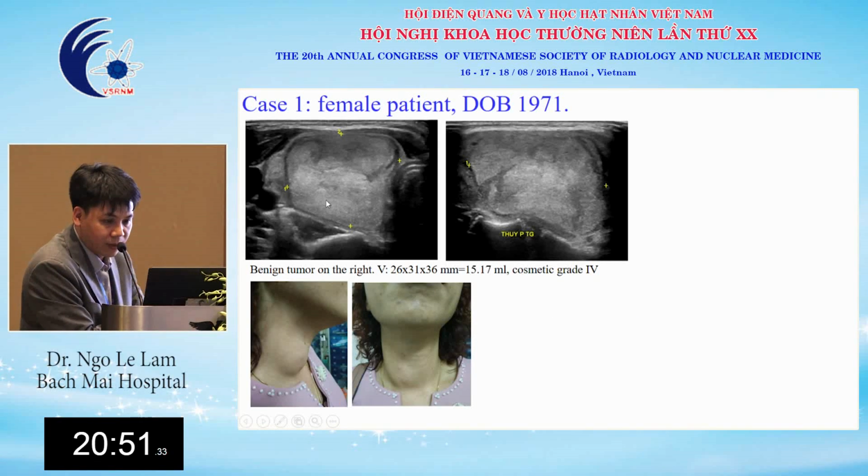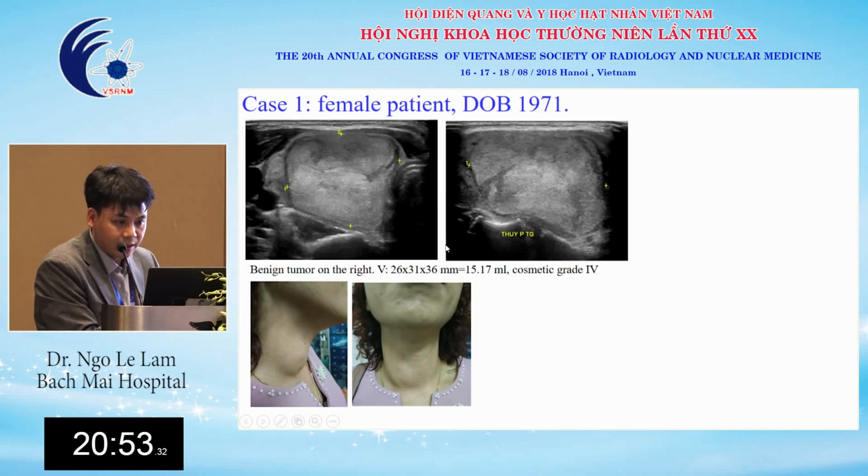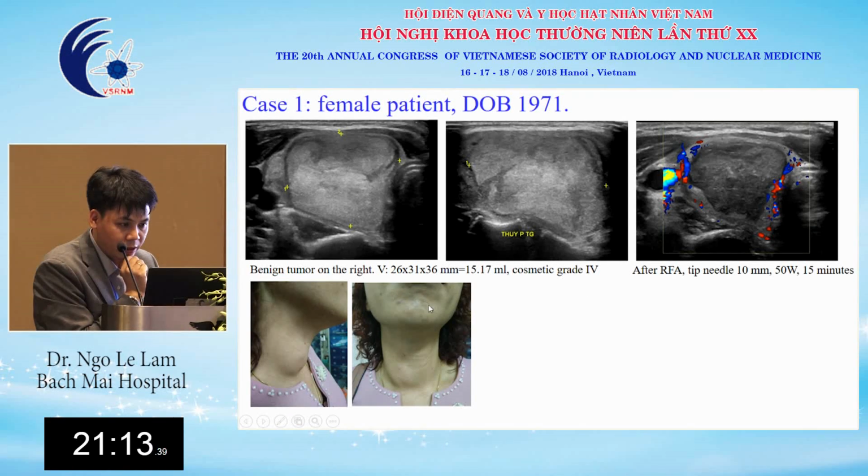There are some clinical cases. A female born in 1971. You can see a very large lump in the right neck. The volume is about 15 milliliters and cosmetic grade about grade 4.